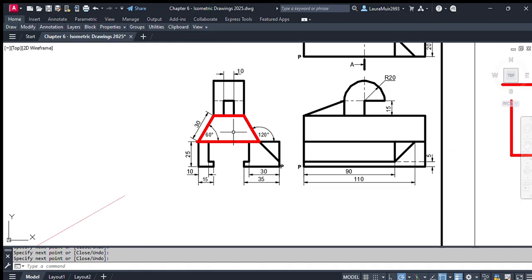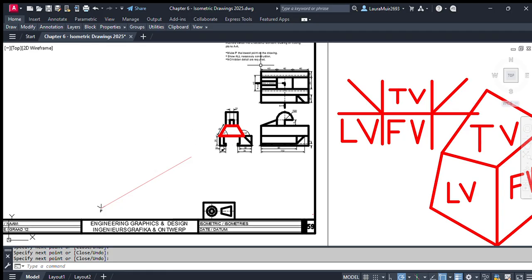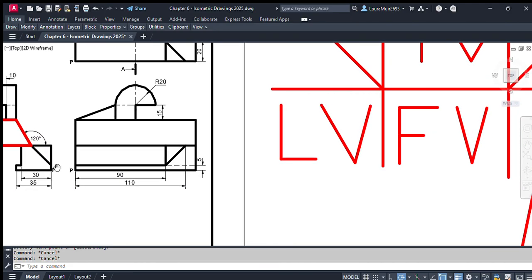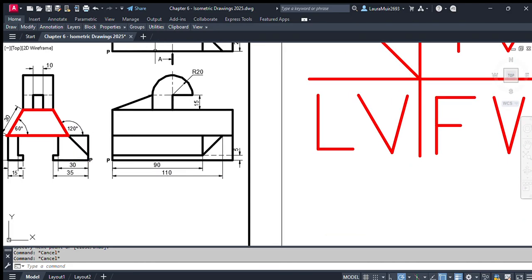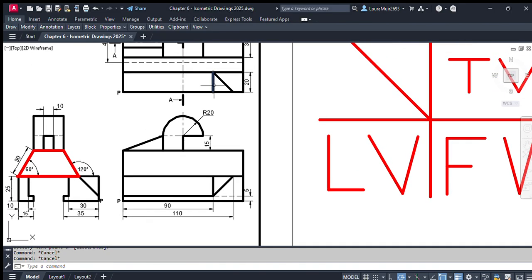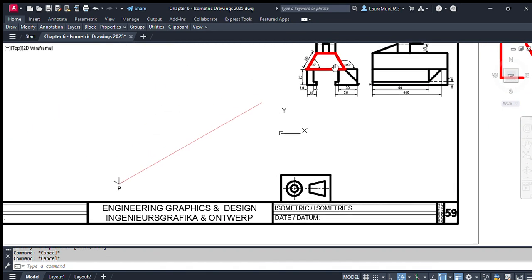Okay. So what I'm going to do is see here, it goes back to that point. Then it goes up and across, and I know that height is 25.